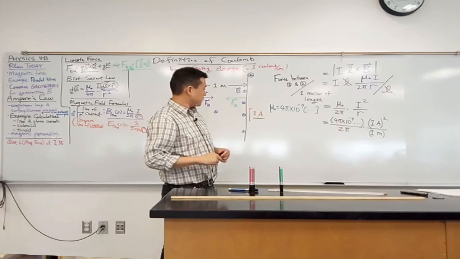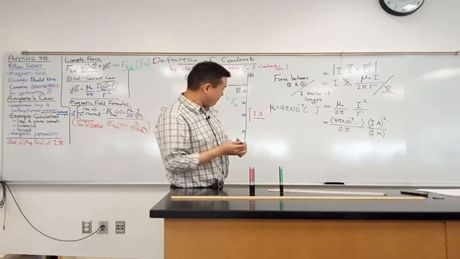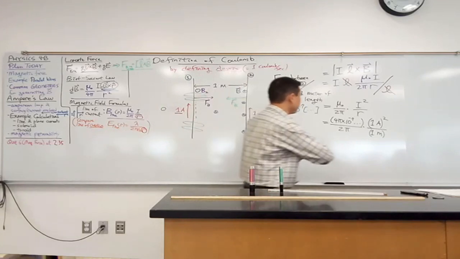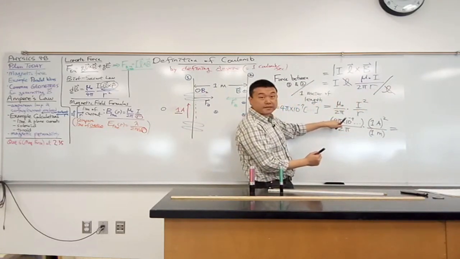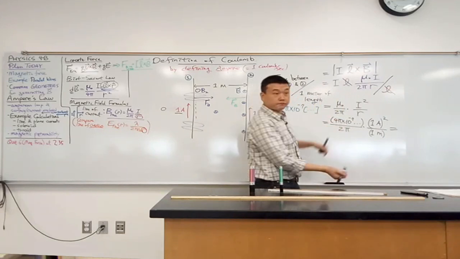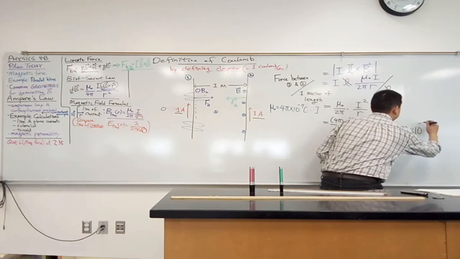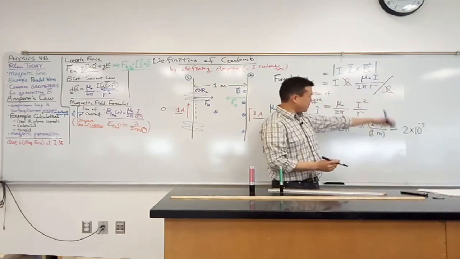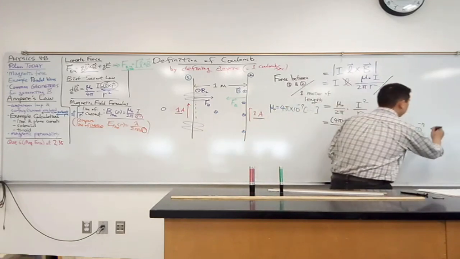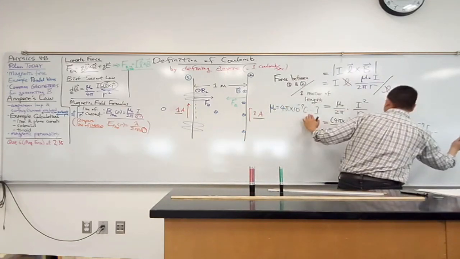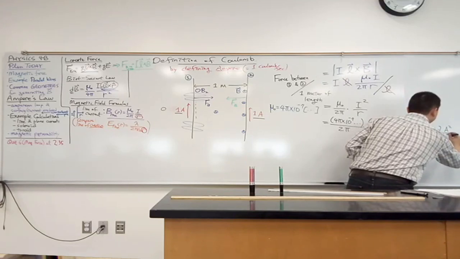That seems like an easy thing to work out. So 2 pi cancels a lot of this, and I end up with 2 times 10 to minus 7, 1 squared divided by 1. So it's some unit of whatever this is times ampere squared per meter.